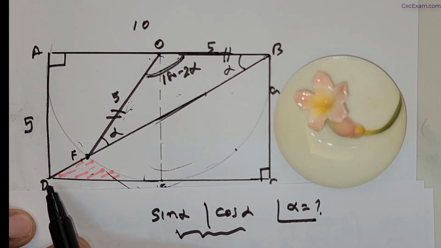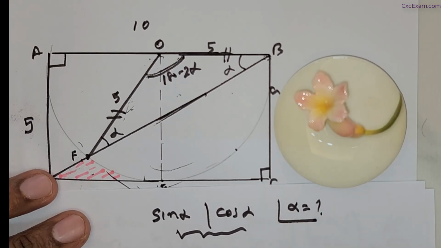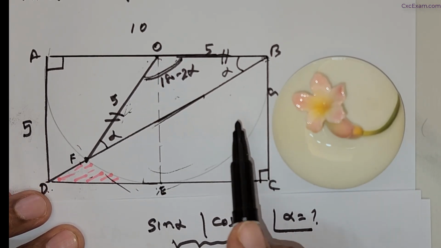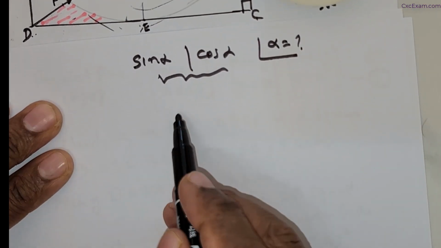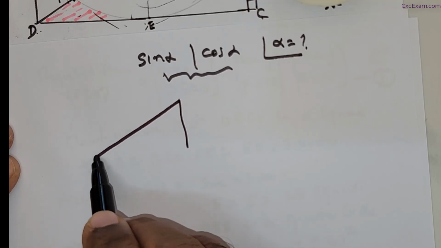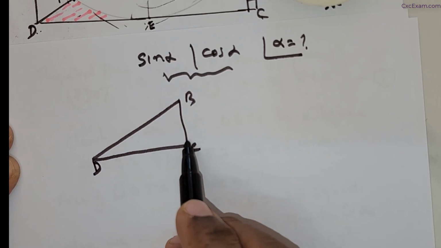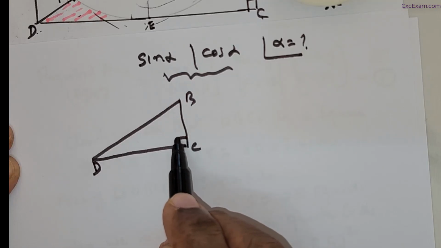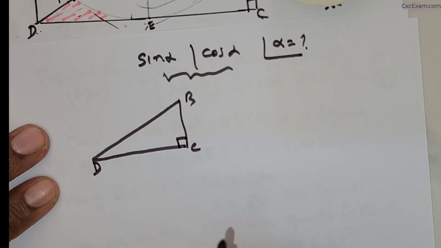Now to get that, we need to consider the triangle BCD. It's a right triangle, right? So let me draw this triangle for you. So this is BCD and this is going to be the 90 degrees angle.